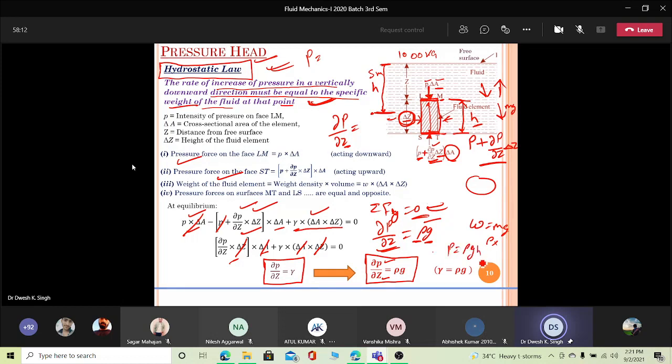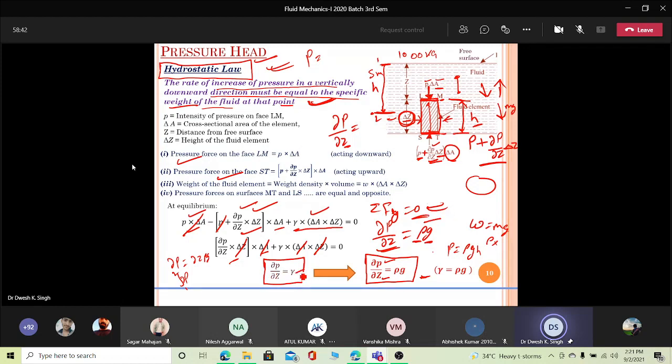Or you can use this and take the integration, means if you are considering del p is equal to rho g del z, then take this from point 1 to point 2. With this equation you can find the pressure between any 2 points.